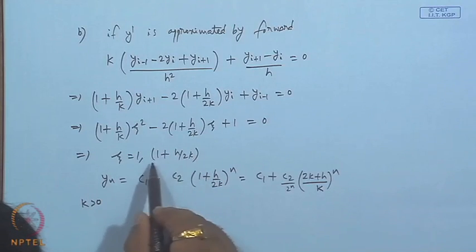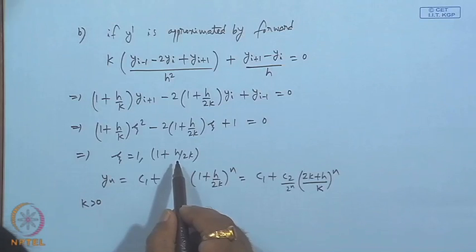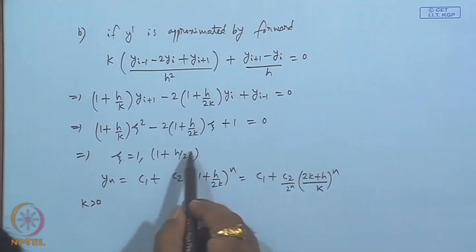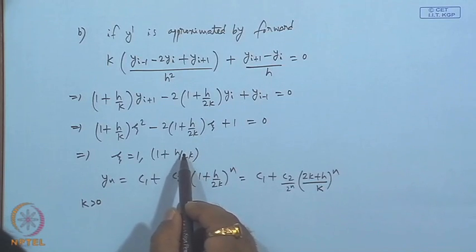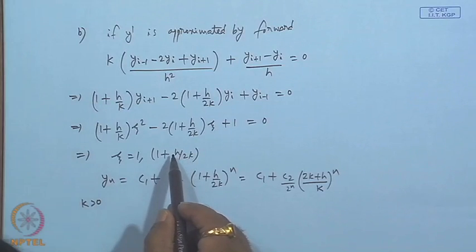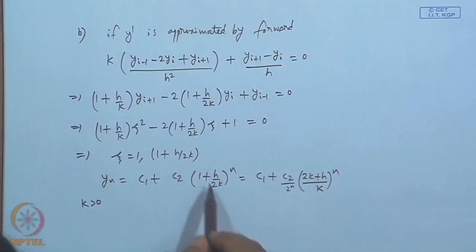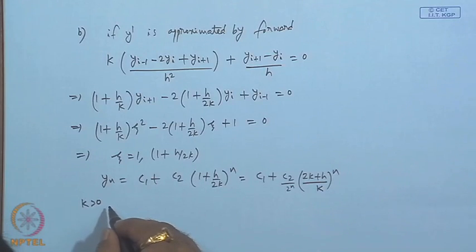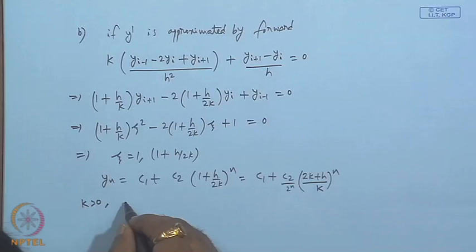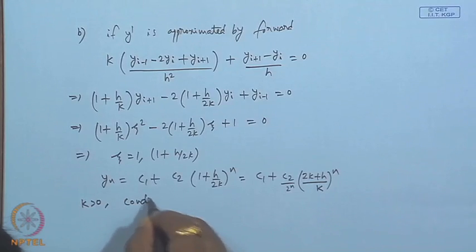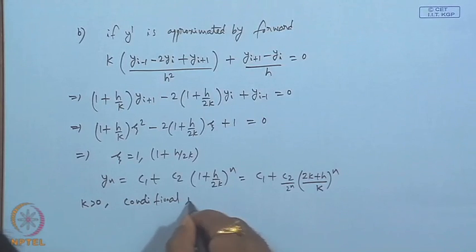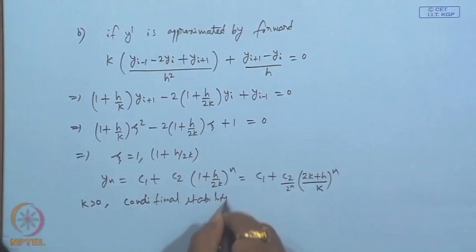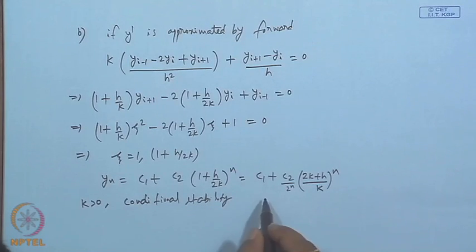So, I think these are the correct. Okay. So, these are the roots, and then this is the solution. So, k greater than 0, if k greater than 0, then we get conditional stability.